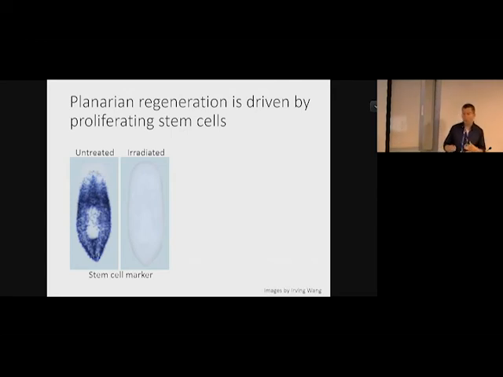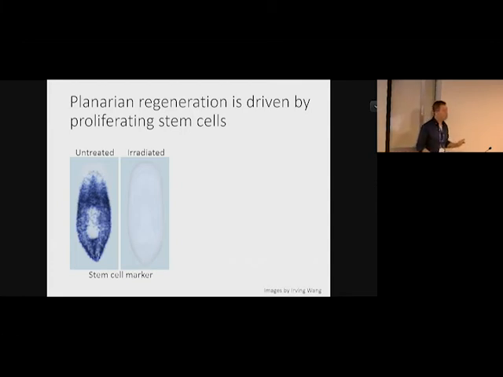Roughly 20 to 25% of the cell number in planarians are adult stem cells, and those are generally called neoblasts. It's a name that has a history going back to the 19th century, and we use it to this day to refer to anything that can divide in the planarian body.